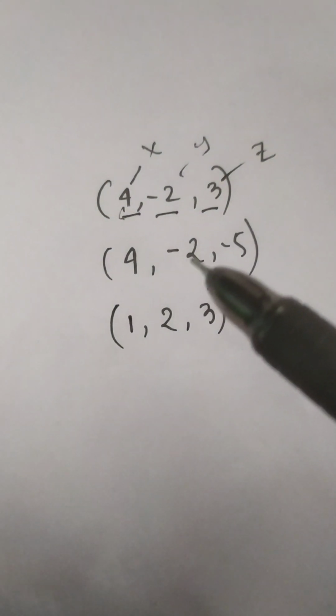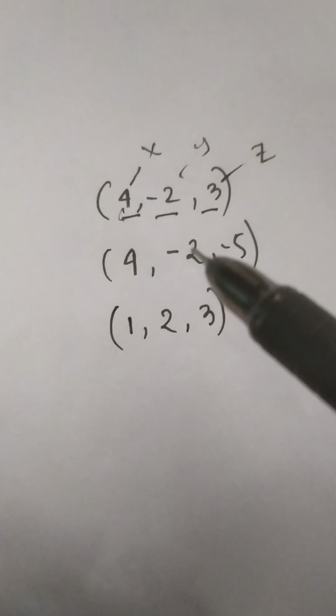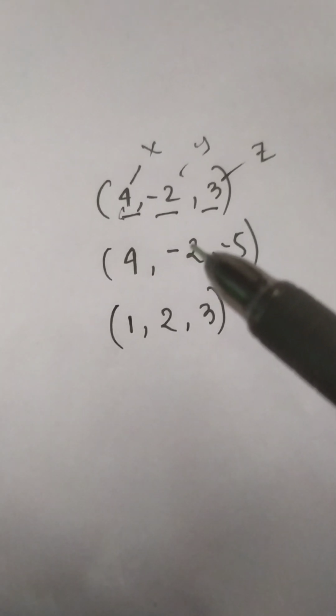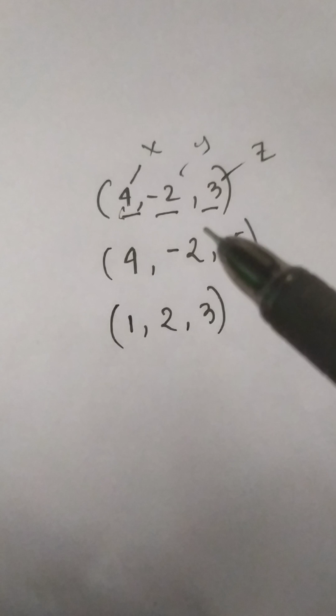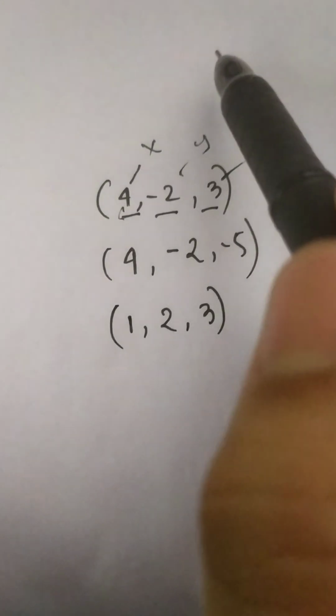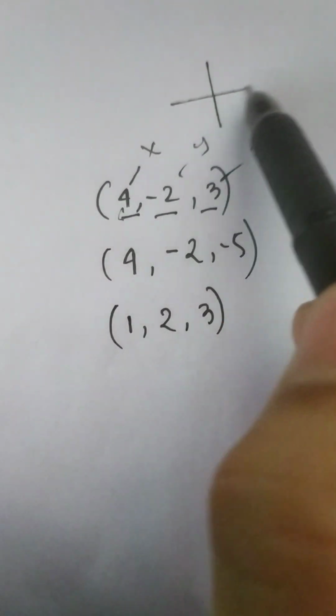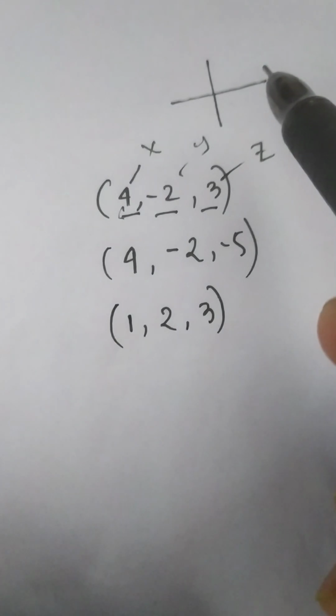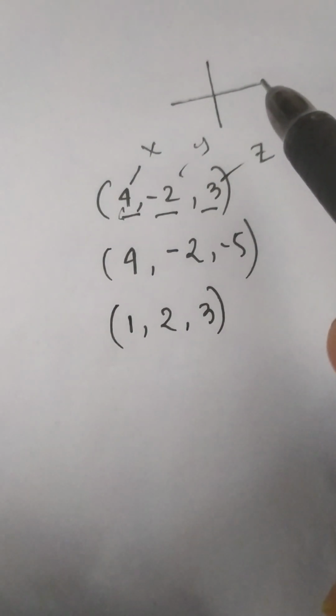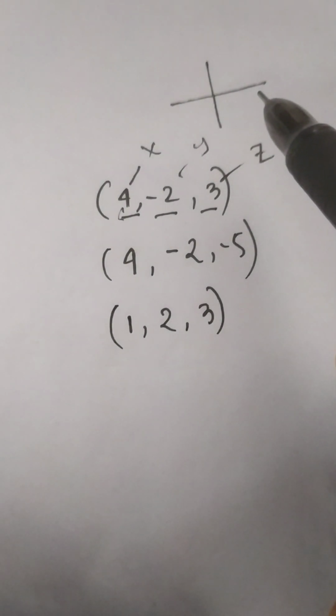We already know that the three axes, x, y and z, divide the space into 8 octants.